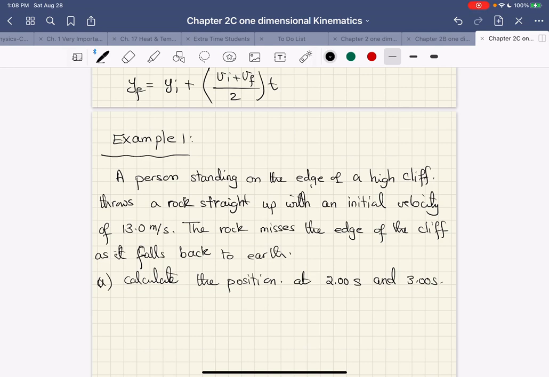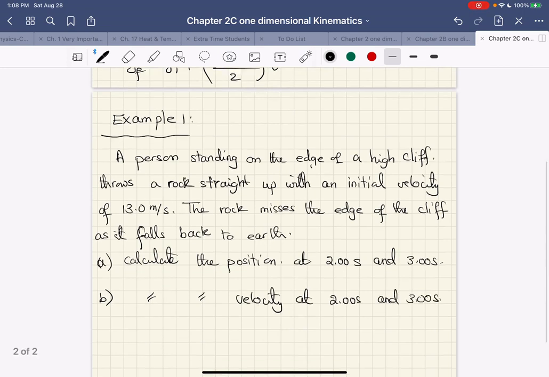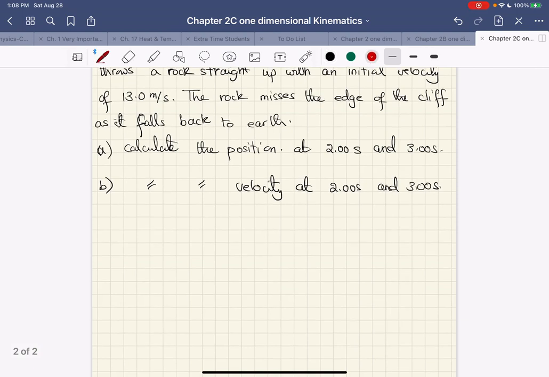I will calculate also the velocity at 2 and 3 seconds as well. And here is the solution.